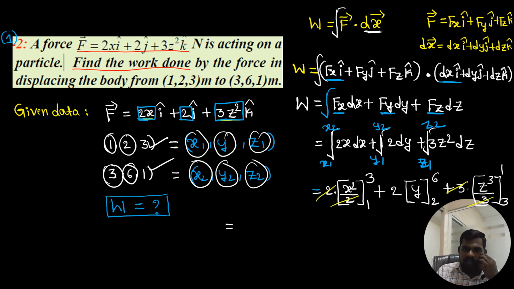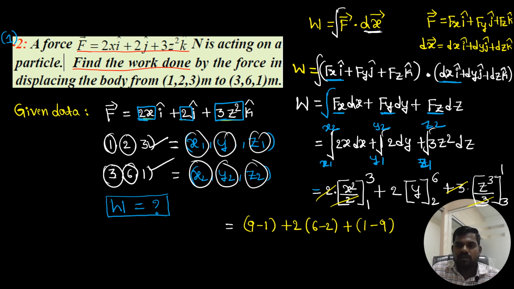Then what is the remaining? x square. In the place of x, we take the upper limit 3, then 3 square is nothing but 9 minus 1, plus 2 into the upper limit 6 minus 2, plus z cube means 27.